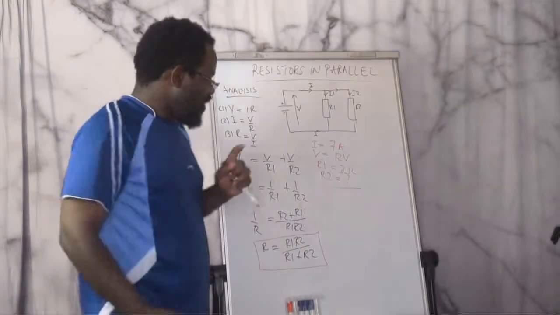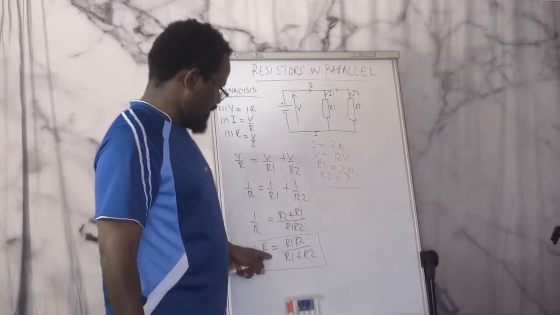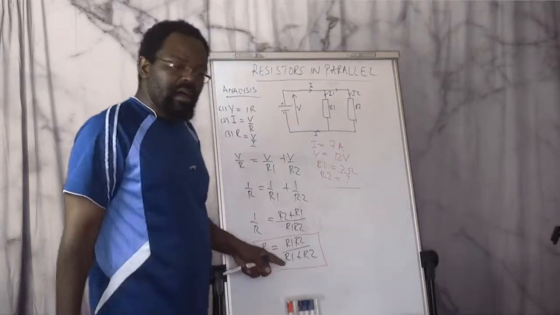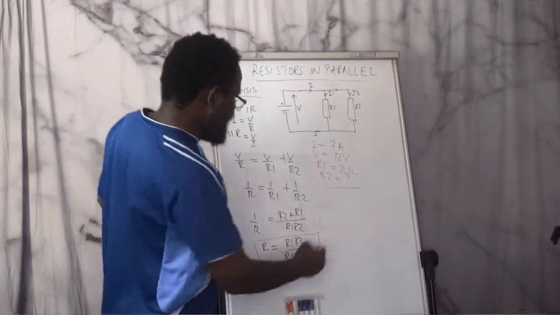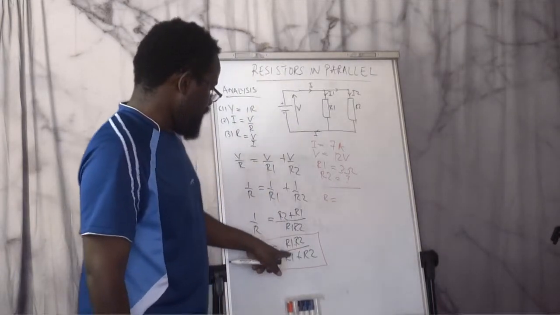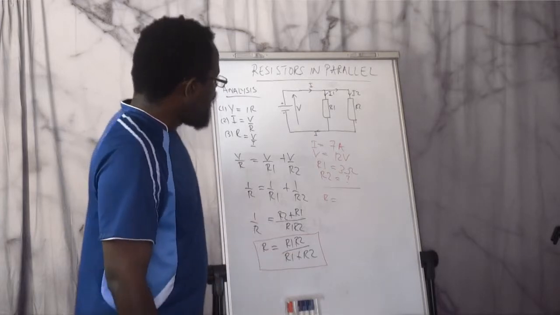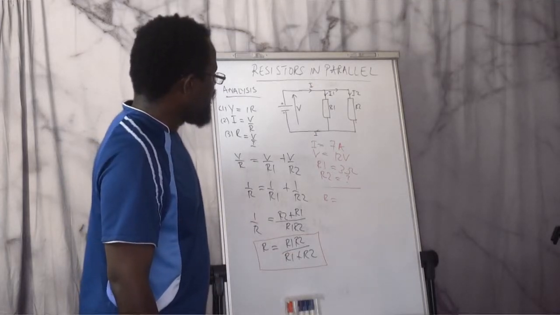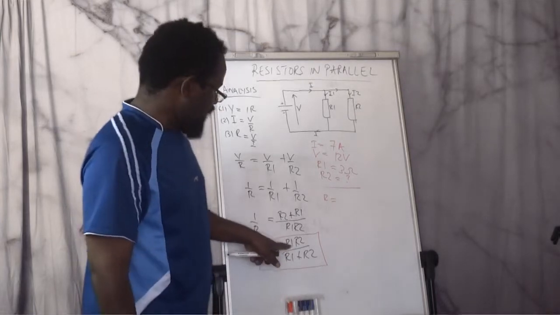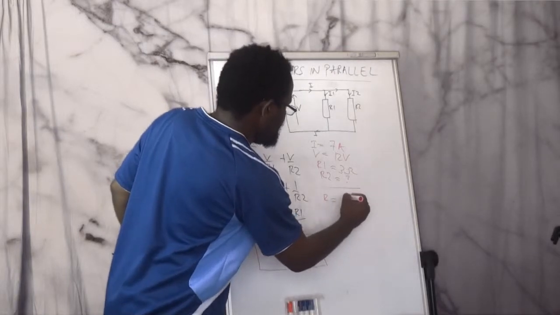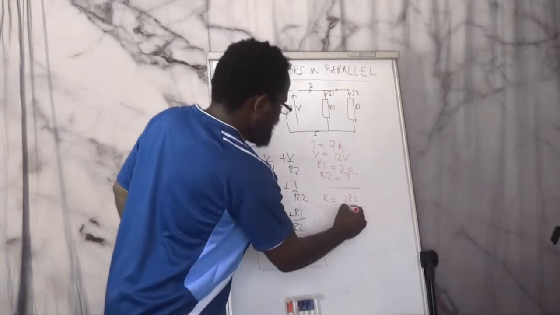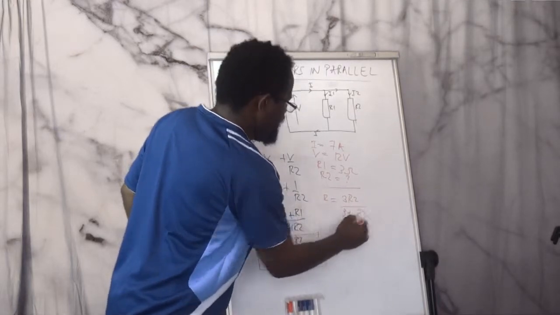That's pretty simple. We go back to that: R is equal to R1, which is 3, times R2 over 3 plus R2.